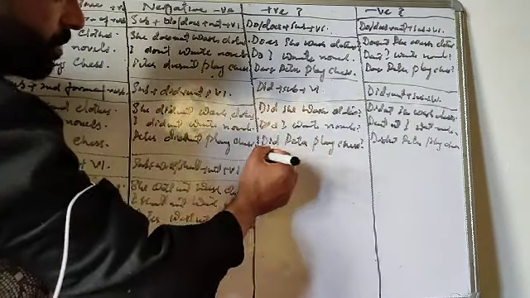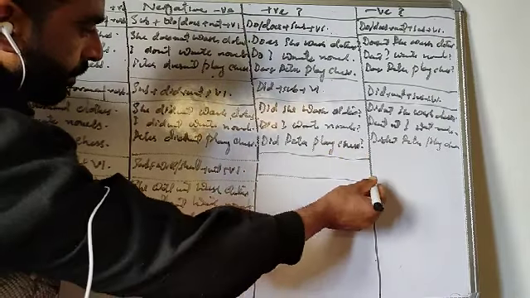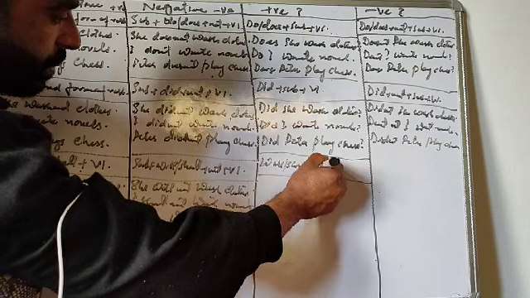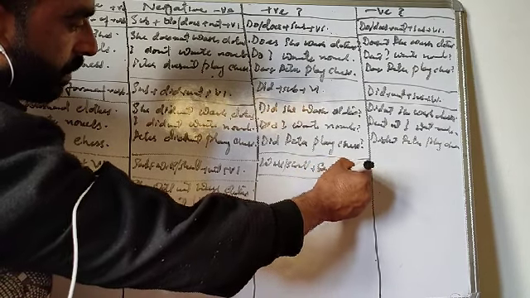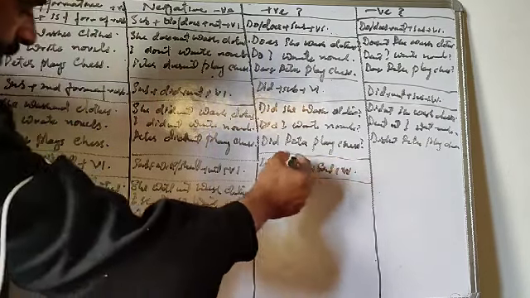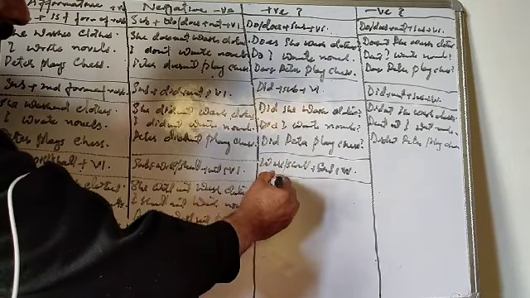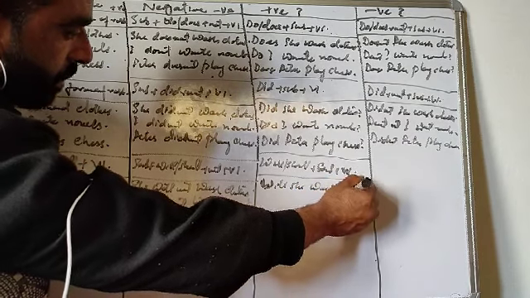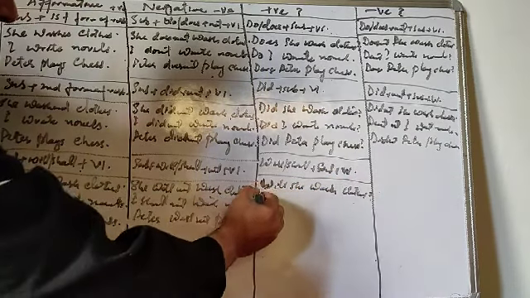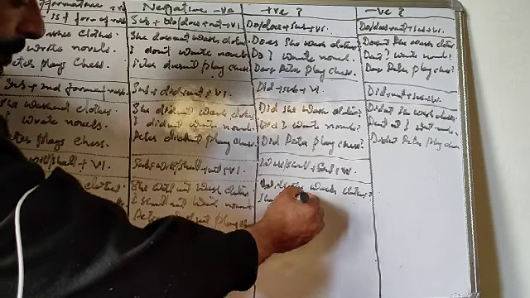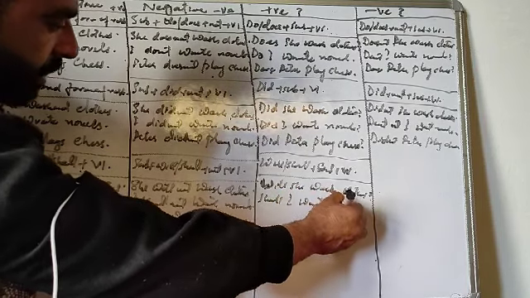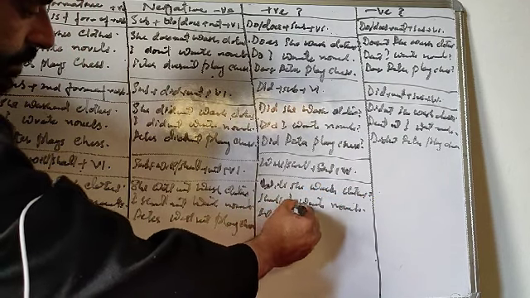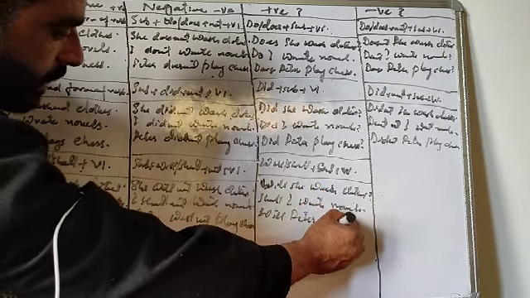Let us make an interrogative sentence. It would be like this: will, shall plus subject plus V1. Will she wash clothes? Shall I write novels? Will Peter play chess?